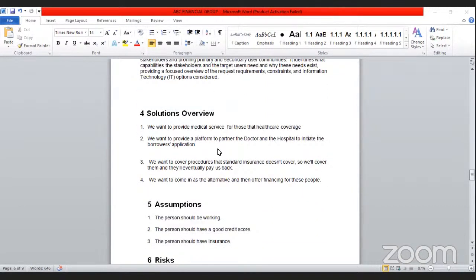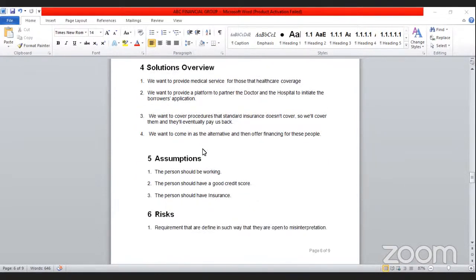When it comes to the solution overview, we want to provide a medical service for those that the healthcare coverage does not cover. We want to provide a platform to partner the doctor and the hospital to initiate a borrower's application. We also want to come in as the alternative and offer financing for these people.